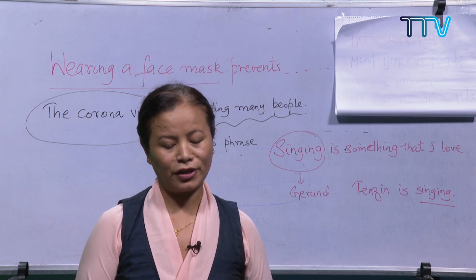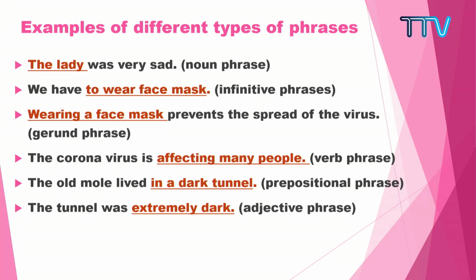And then, look at another sentence here. The tunnel was extremely dark. Okay, adjective phrase. Again, you can try to work out why this is an adjective phrase. Extremely dark. Because now you know the meaning of adjective, isn't it? You all know what an adjective is.